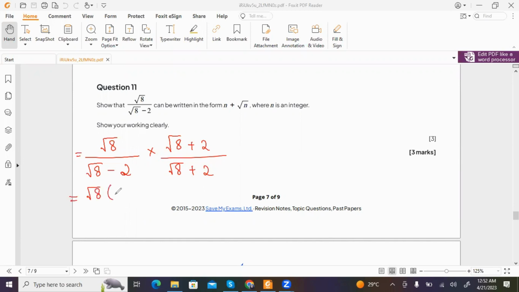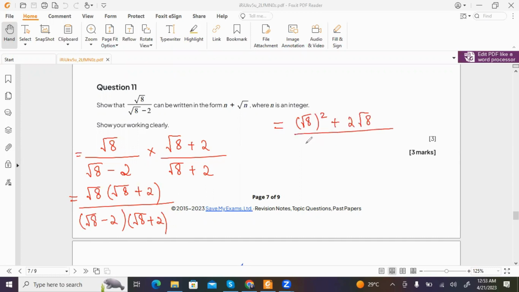Multiply the numerator to the numerator and denominator to the denominator. So that's going to be root 8 whole square plus 2 times root 8 over root 8 whole square minus 2 whole square.